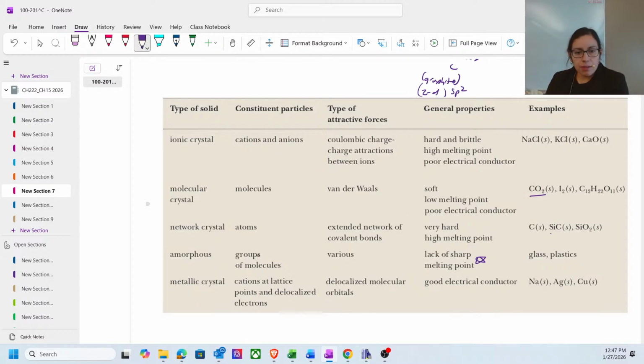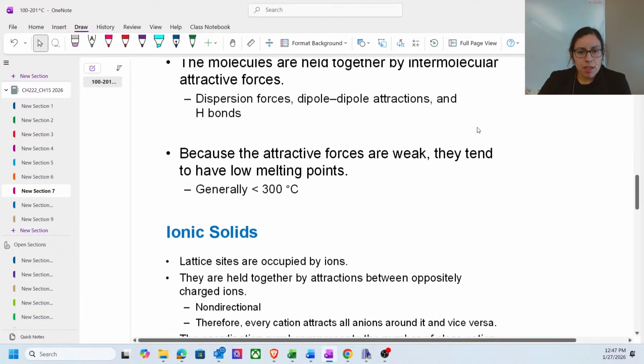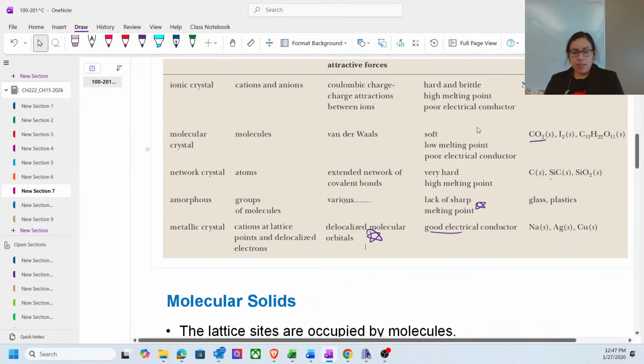And then our metallic crystal, like I said, I'm still teasing this, but it's a good conductor of electricity. And we'll leave off on this note. I'm teasing us for Thursday, so we'll look at these delocalized molecular orbitals in more detail. Let's go ahead and end there.